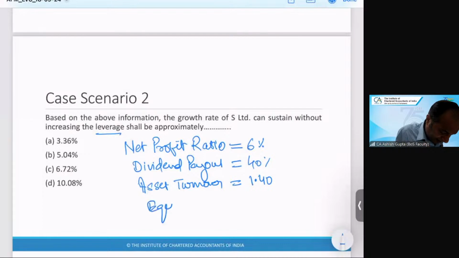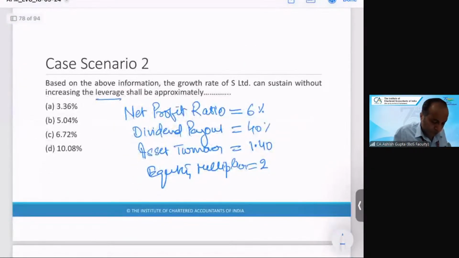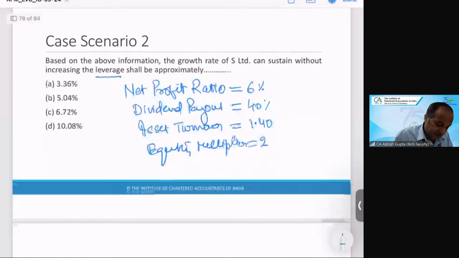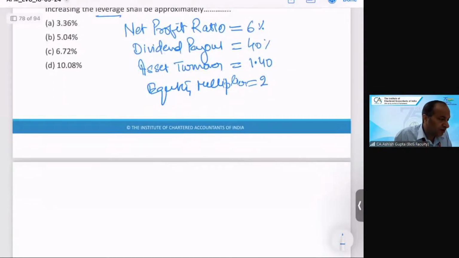Equity multiplier is 2. Students have started answering, and most of the responses I am receiving are correct. Yes, the correct answer is option B.